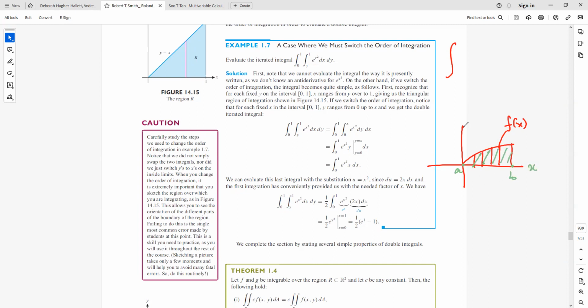That is the x-axis and the curve f of x. So the notion of the integral is f of x dx over these limits a to b.